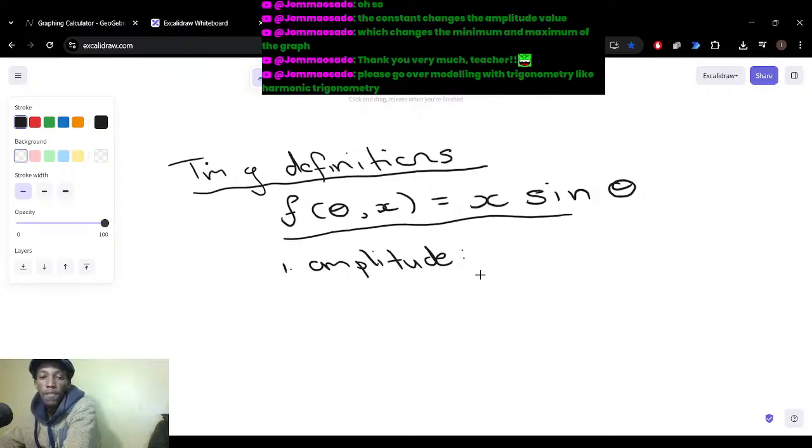So what is the amplitude? The amplitude is this coefficient x in front of your trig function. This x is called the amplitude. Ne? So let's rather search for the actual definition of what amplitude is in full.